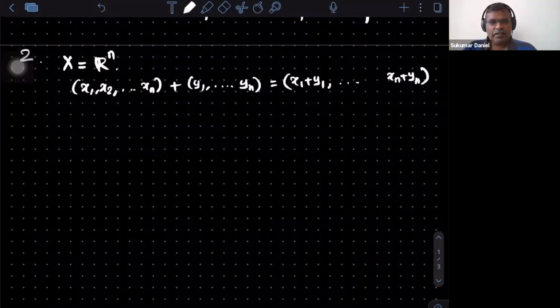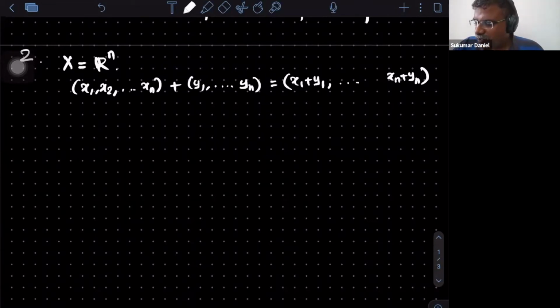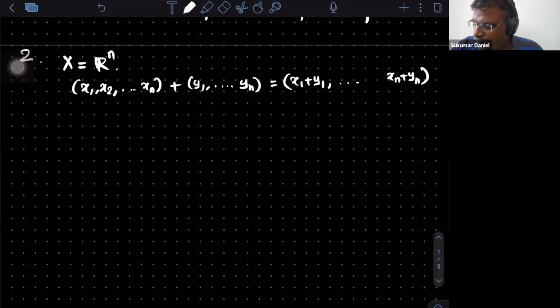This is the addition, which we can give a name. It's called coordinate wise.